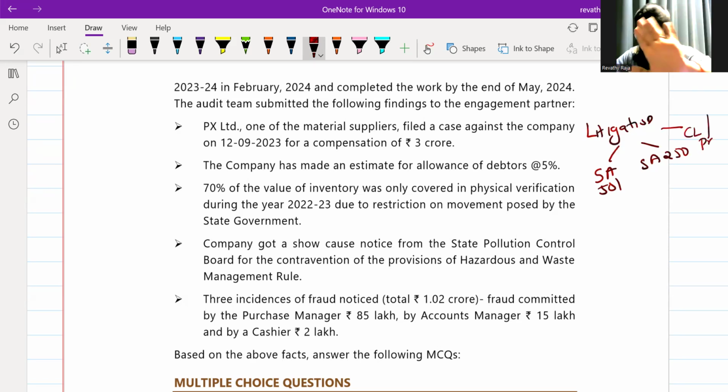Okay. The company had made an estimate for allowance of debtors. Estimate, which SA? Accounting estimate. That is SA 540. 70% of inventory was only covered in the physical verification due to restriction of movement posed by the state government. Physical verification of inventory.